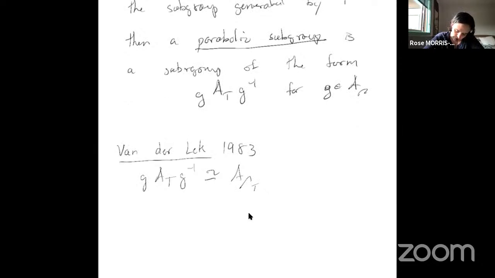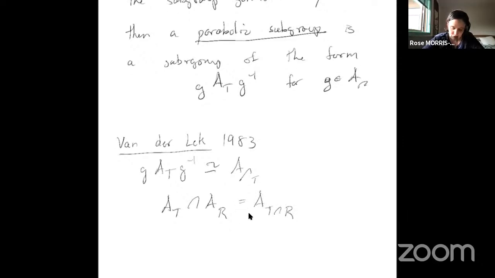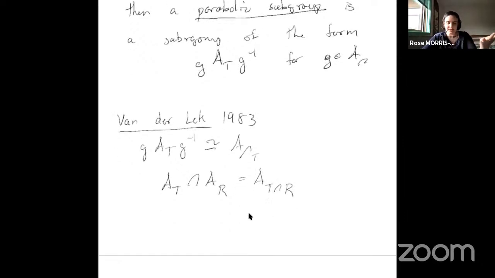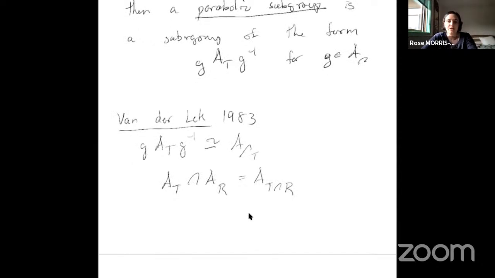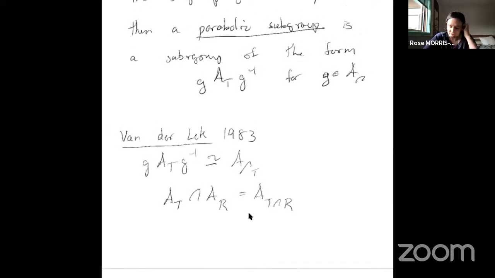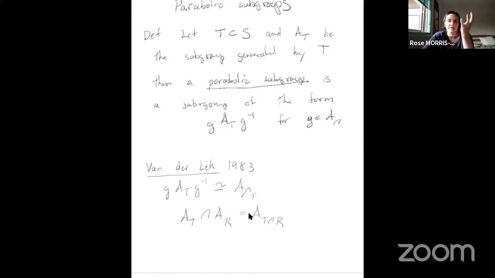Van der Lek also shows that if I have A_T intersect A_R for T and R both subsets of my generating set, this is equal to A_{T intersect R}. So that's useful. But there's lots of things about parabolic subgroups that we don't know. And these are really an interesting thing to study because these are like my little copies of an Artin group inside my big Artin group.